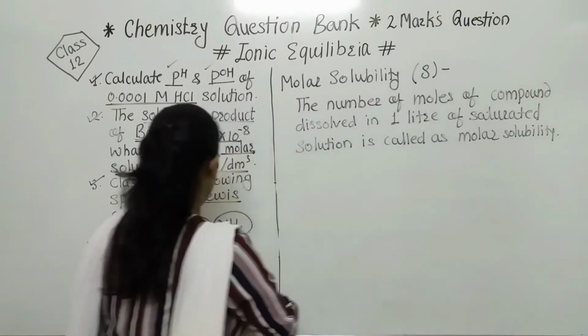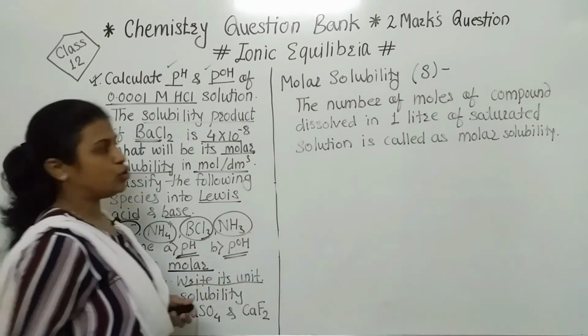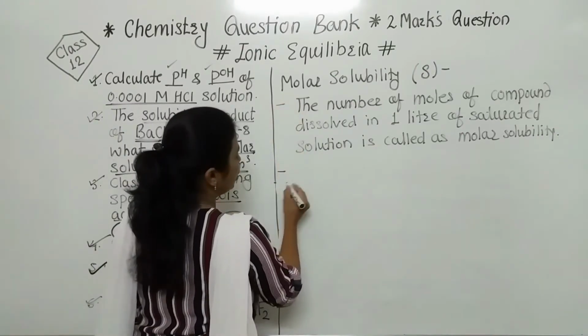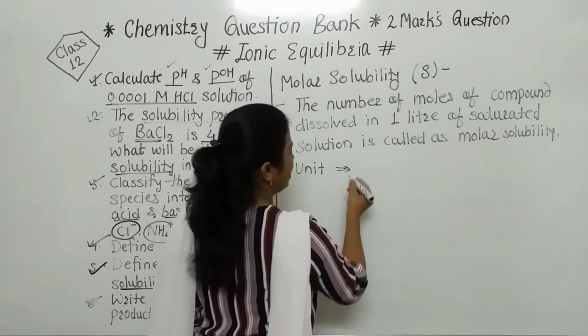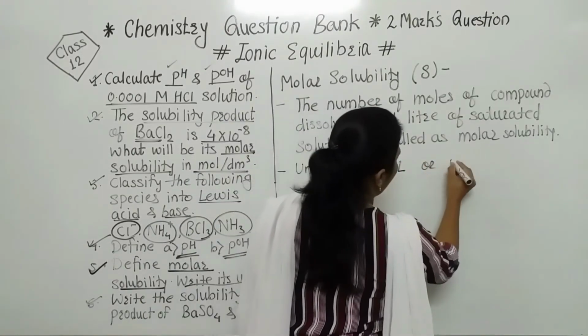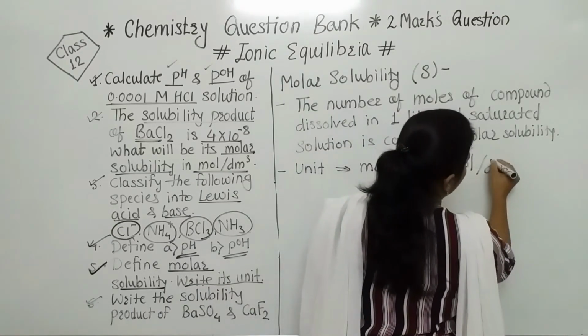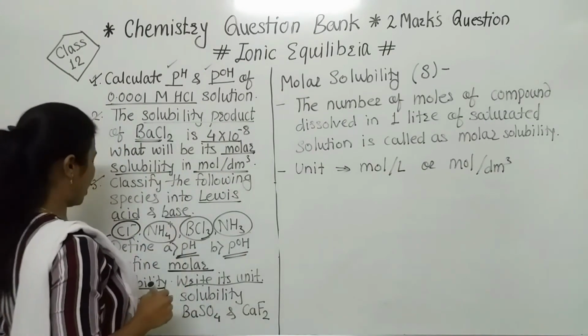Next, in addition to that same question, they have given a 1 mark question: write its unit. Now what will be the unit of molar solubility? It can be expressed in moles per liter or moles per decimeter cube, and this is the unit of molar solubility.